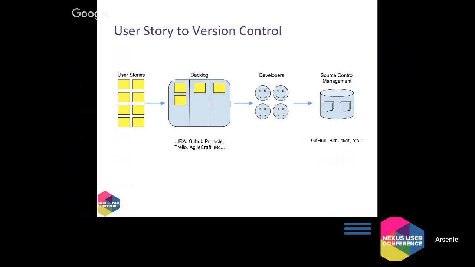An interesting thing you can do with these tools is, as you change the status of your user stories from backlog to doing to completed, you can perform actions on those triggers. Some of our customers generate development environments based on those user stories.